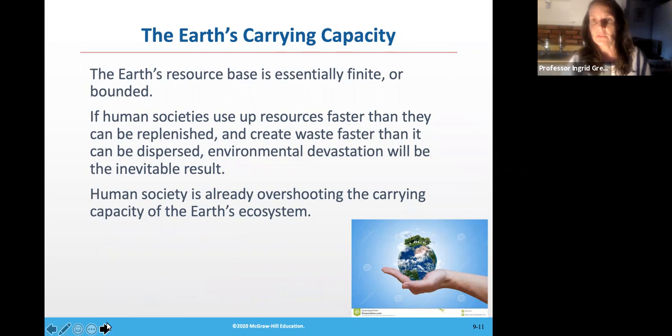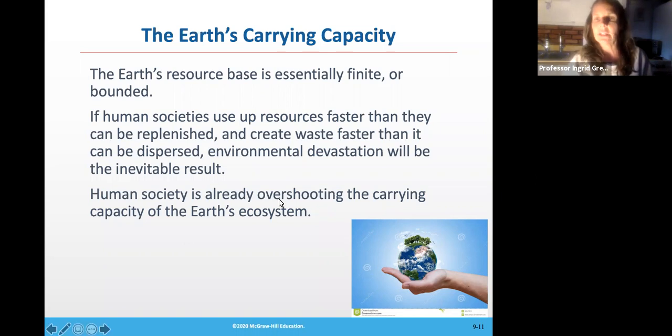Even though water is a renewable resource, we can't make enough drinkable water as fast as we can drink it. We'll go into that again further in this chapter. If human societies use up resources faster than they can be replenished, and create waste faster than it can be dispersed, environmental devastation will be the inevitable result. Human society is already overshooting the carrying capacity of the Earth's ecosystem.